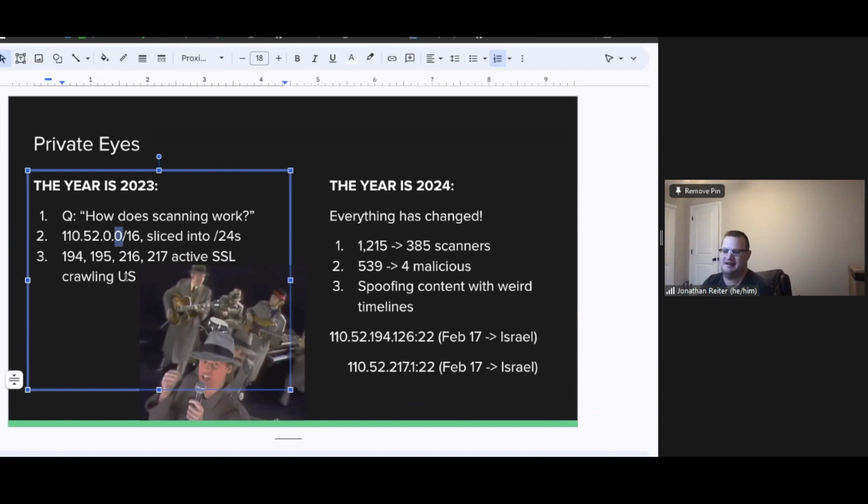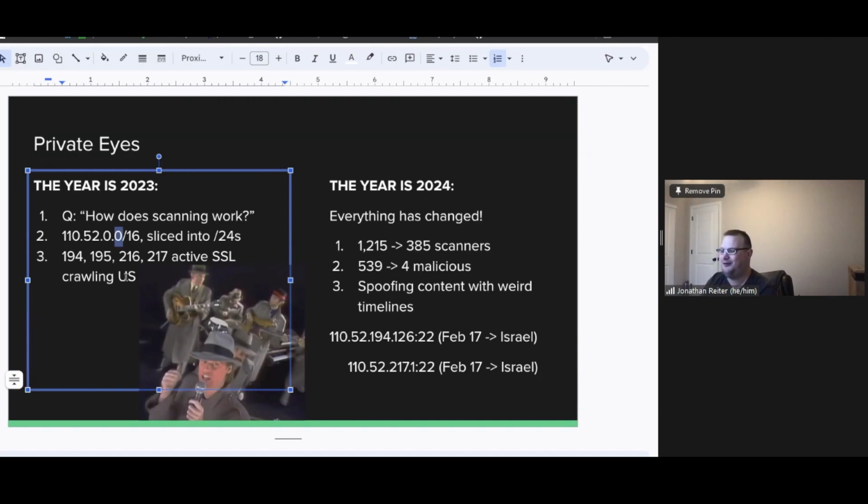And what I found at that time in 2023 is the /24s ending in 194, 195, 216, 217 were actively crawling the SSL targeting the US predominantly. This was with a lot of data, thousands of hosts across those 4 subnets.